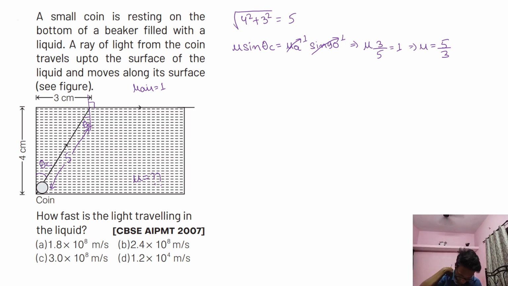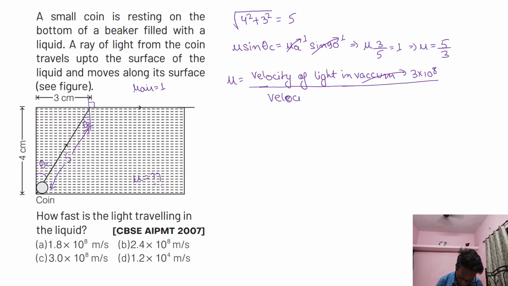Now we know that refractive index is nothing but velocity of light in vacuum, which is 3 into 10 to the power 8 meter per second, divided by velocity of light in that medium.